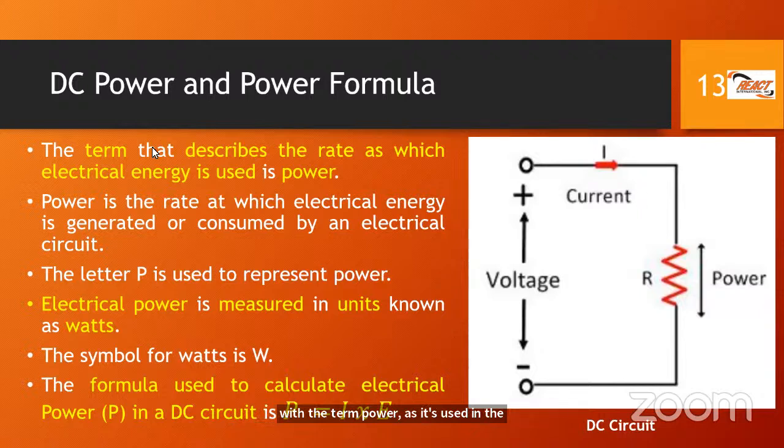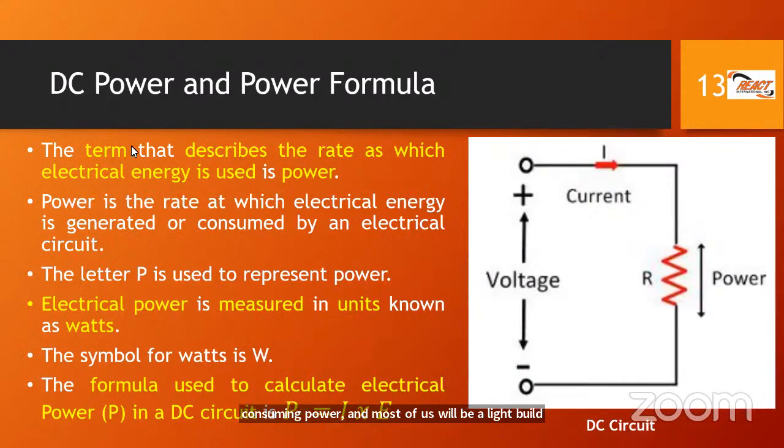The term that is used to describe the rate at which electrical energy is used is power. The rate at which it's used is called power. We are consuming power, and most of us will pay a light bill for the amount of power we use.